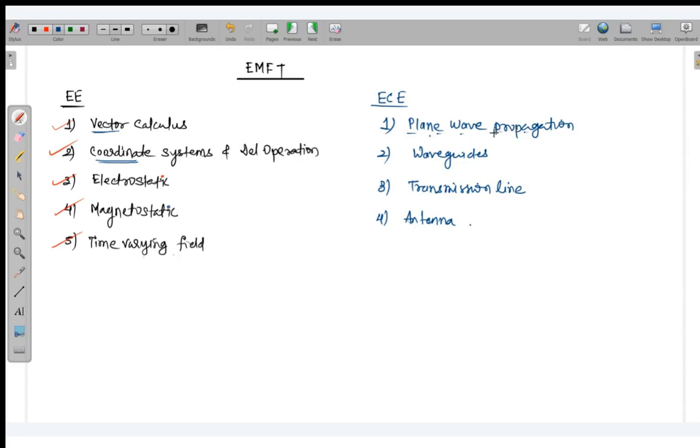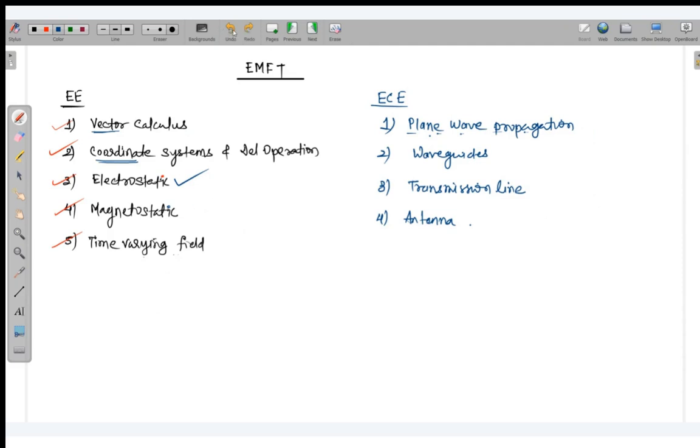And definitely, if you are EC students, you have to attend all the 9 topics I have mentioned here, because ISRO asks questions from all these topics as well, and they are anyway important for you as EC students.